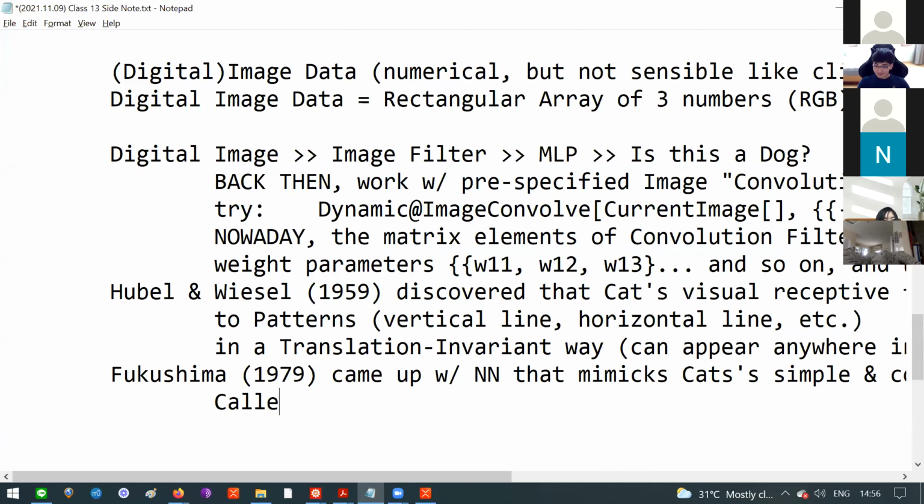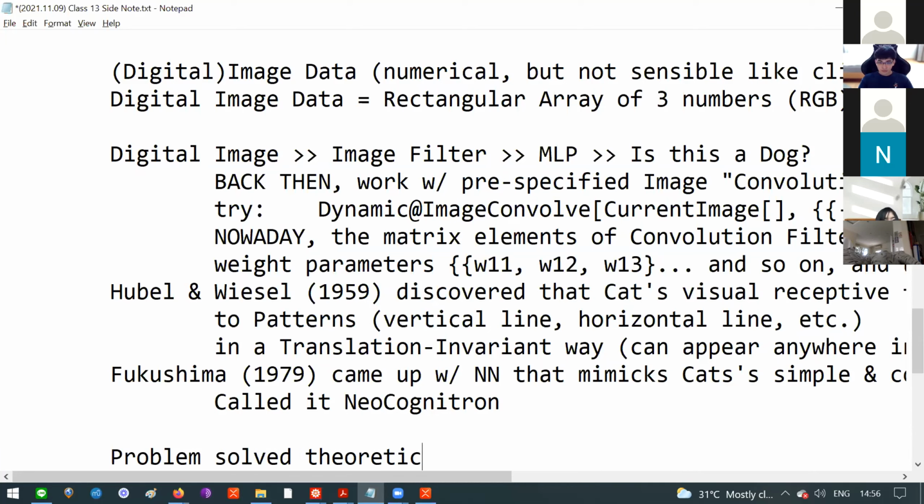Call it Neocognitron. What's the problem? Theoretically, it works. But computationally, no can do.